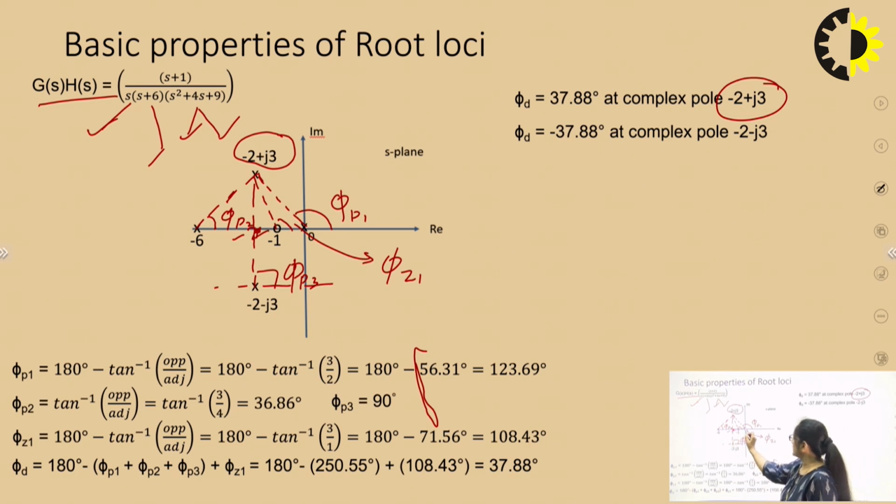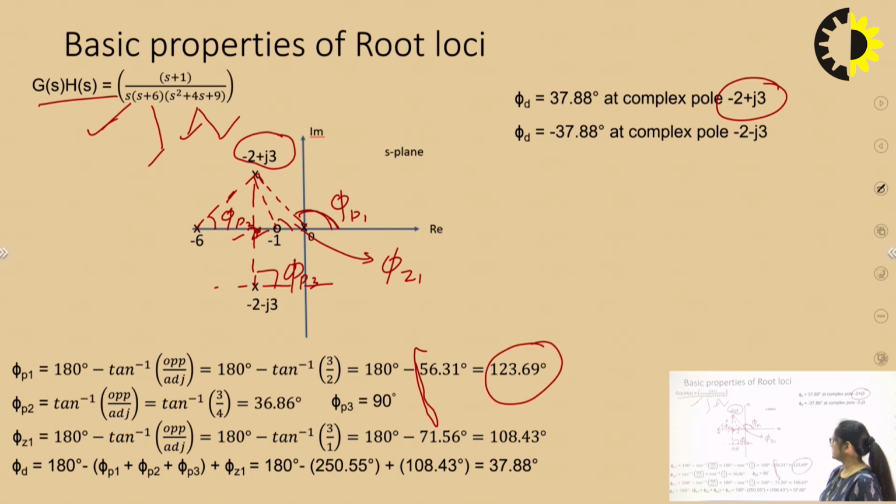So this angle is 180 degrees minus tan inverse 3/2, which is 123.69 degrees. For phi P2, the distance from -2 to -6 is 4 and the opposite side is 3, so tan inverse 3/4 is 36.86 degrees.